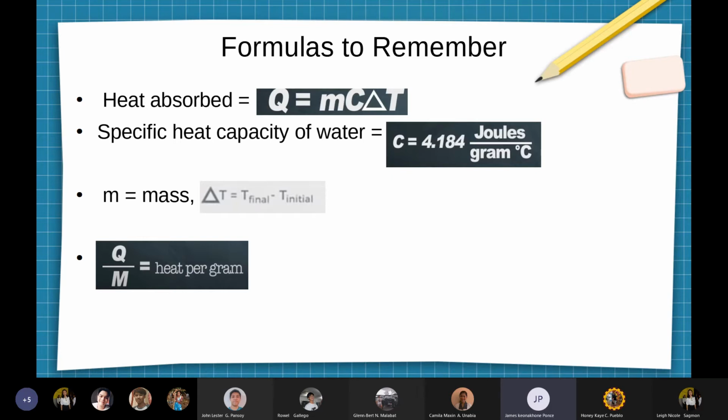There are different specific heat capacities depending on which material you're using, but commonly used is the specific heat capacity of water, which is 4.184 joules per gram Celsius.